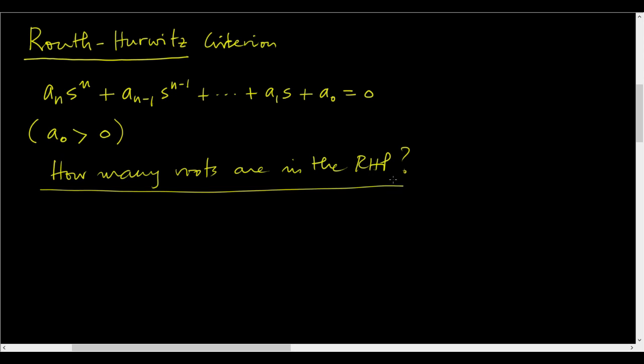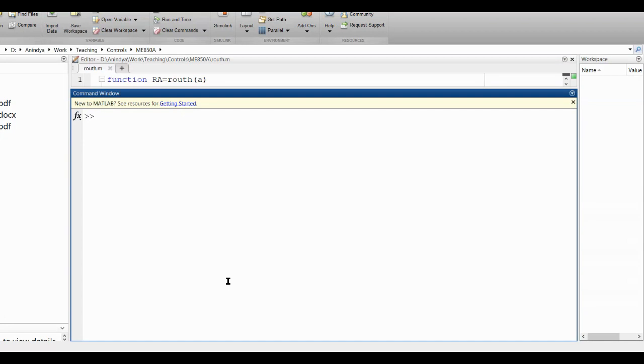Now, of course, with modern tools like MATLAB, for example, if I say n equals rand(1,7), that represents a 6th order polynomial. Okay, this times s to the power 6 plus this times s to the power 5 plus this times s to the power 4, 3, 2, 1, and the constant.